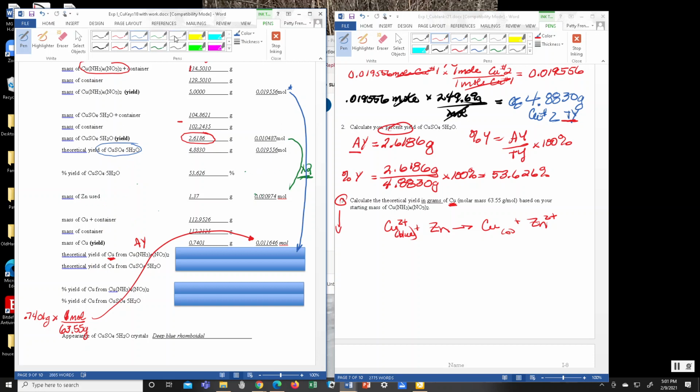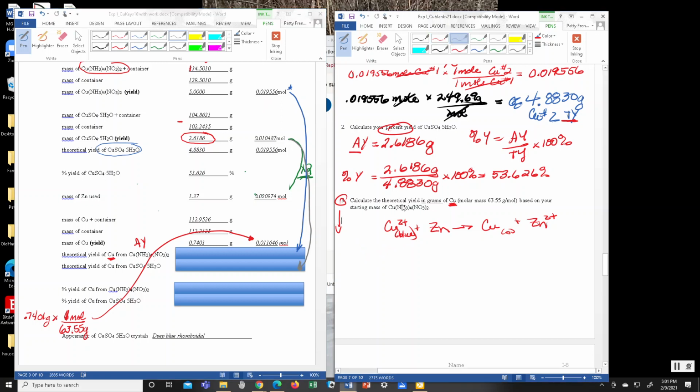So let's change to gray. From here. All right, so we were doing stoichiometry to find the copper from the copper sulfate pentahydrate. And here we were doing the manipulations to find the theoretical yield of copper from the copper tetraamine complex. So let's go ahead and give this a shot.